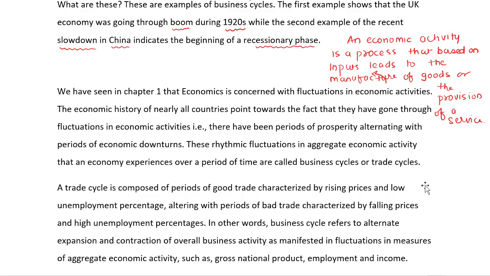So, economics is concerned with the fluctuations in the economic activities.